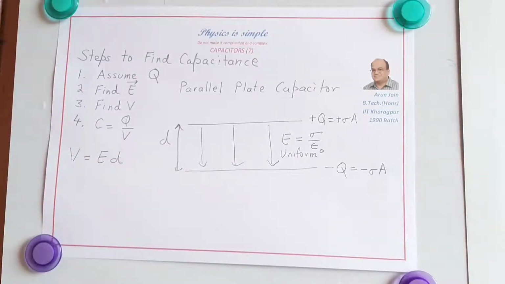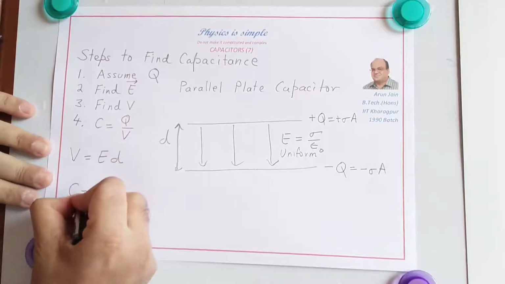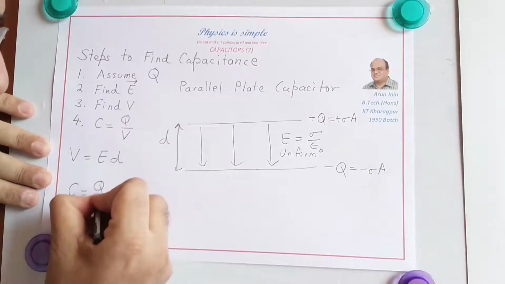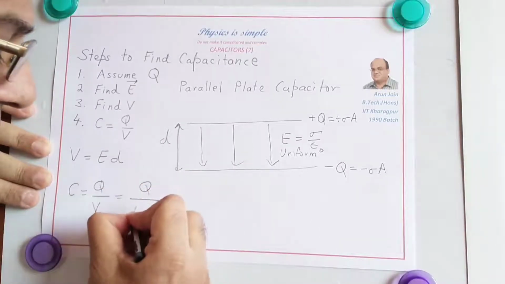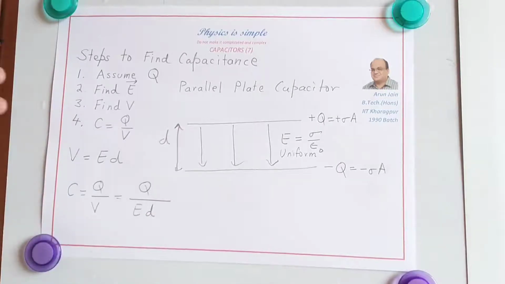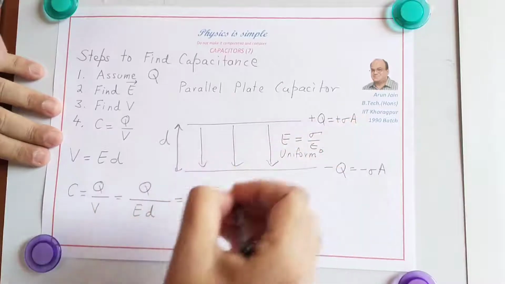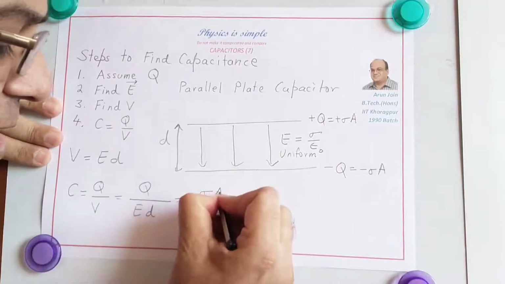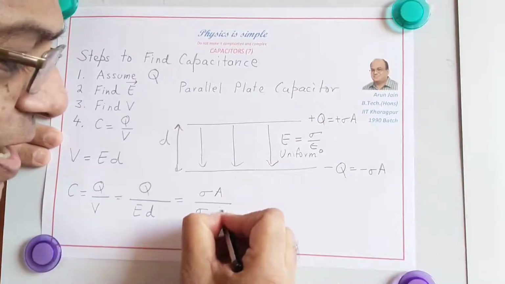And once we have found V, now we can find C. C will be Q by V, so Q by E into d. But E is sigma by epsilon naught, and Q is sigma into A. So sigma into A by sigma by epsilon naught into d.